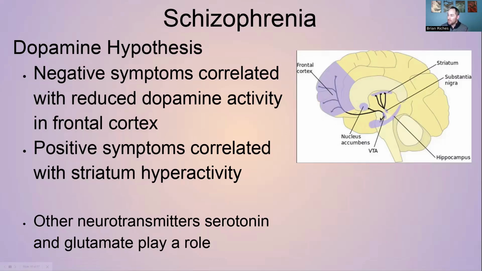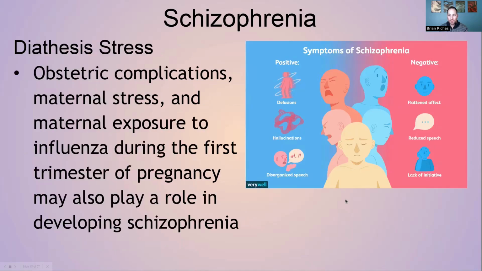Positive symptoms are correlated with closer to the midbrain, having more hyperactivity in the dopamine there. Other neurotransmitters, serotonin and glutamate, play a role as well. And it is very complex. It's a lot of systems in the brain that are being affected by these areas and those neurotransmitters.